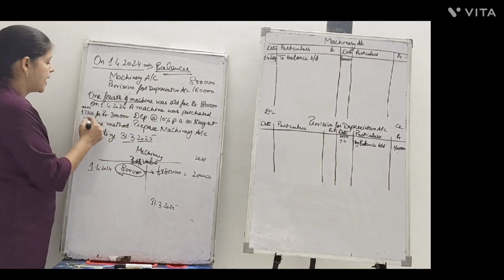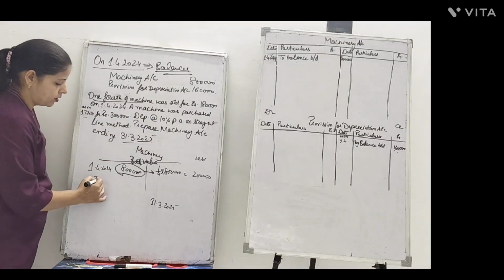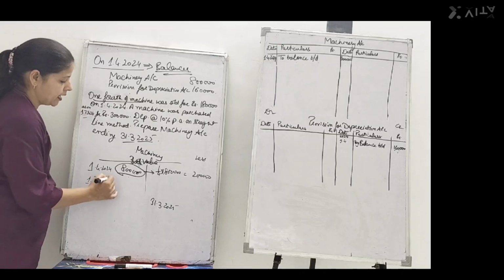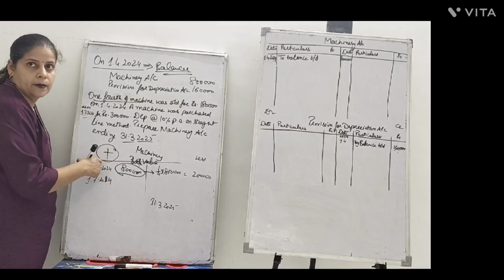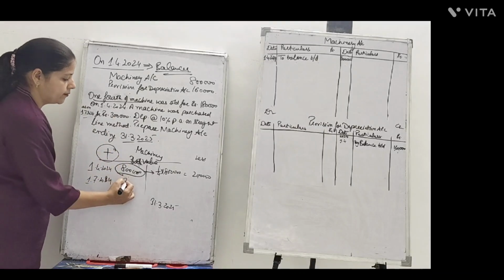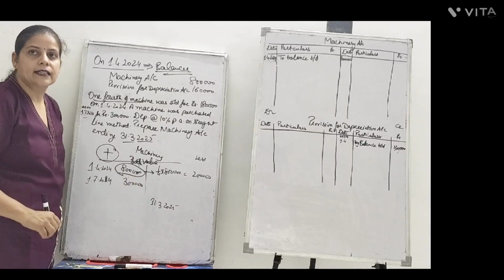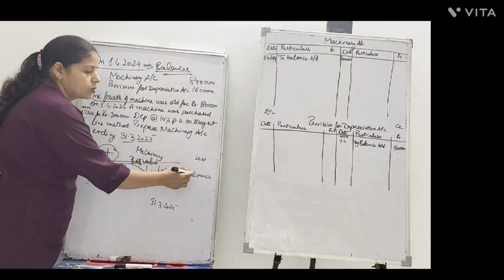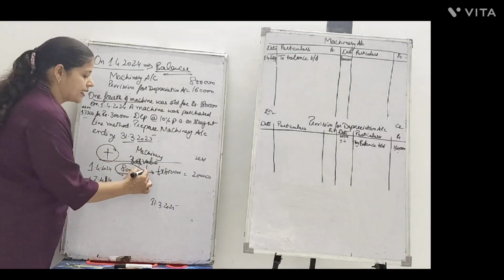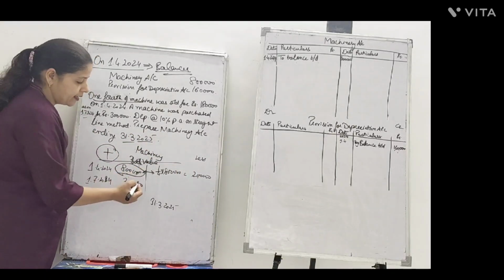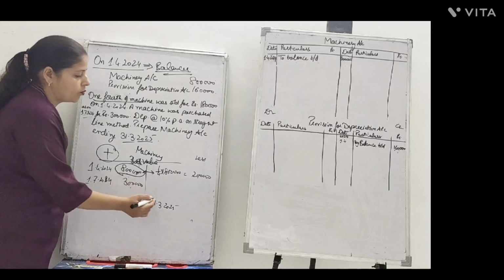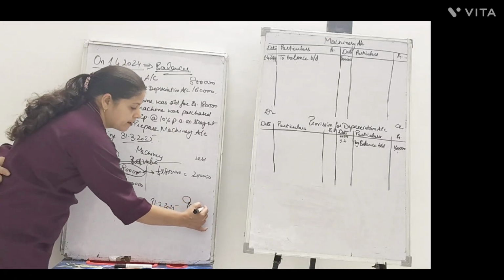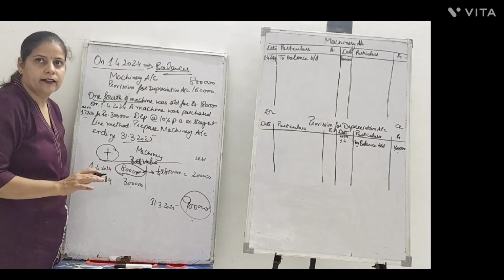Then he says that as on 1st of July 2024, again a machine was purchased. Purchase should be added. The value of the machinery purchased is 3 lakh here. So now see, out of 8 lakh we sold 2 lakh. How much was left? That is 6 lakh rupees. Then we purchased 3 lakh more. So the balance of the machinery should be 9 lakh rupees.